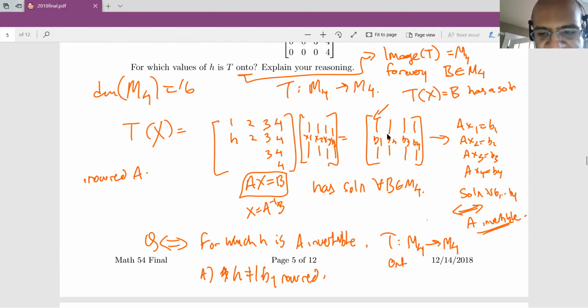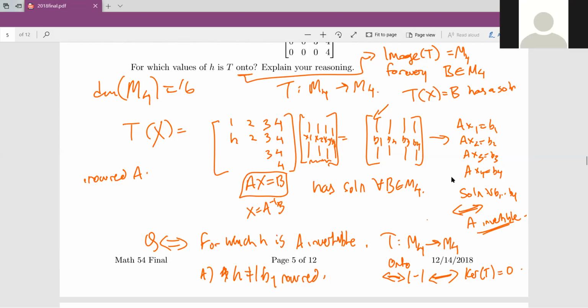So it's onto if and only if it's one-to-one, which is true if and only if the kernel of T is 0, right? And you could go down that path too. But at some point, you'd have to make some statement about how this relates to what you studied in the class by looking at the columns, I think.